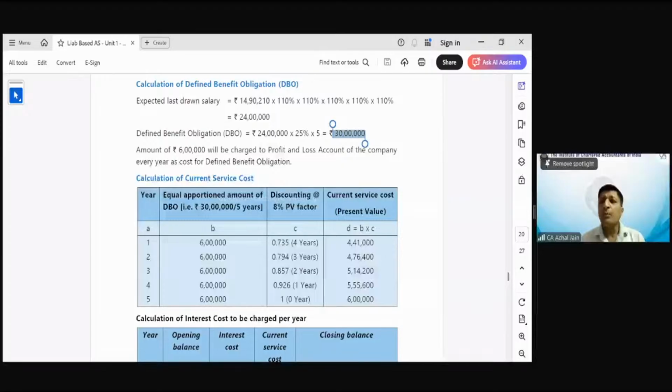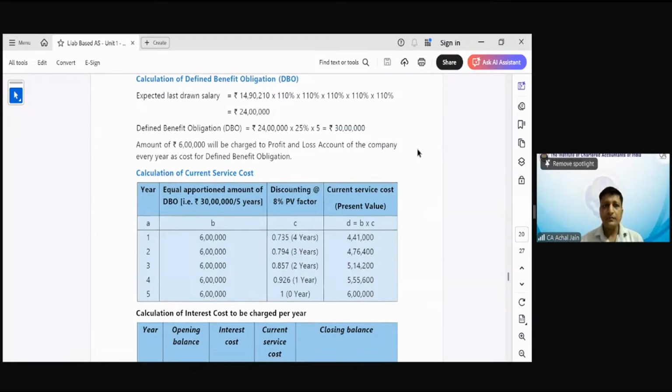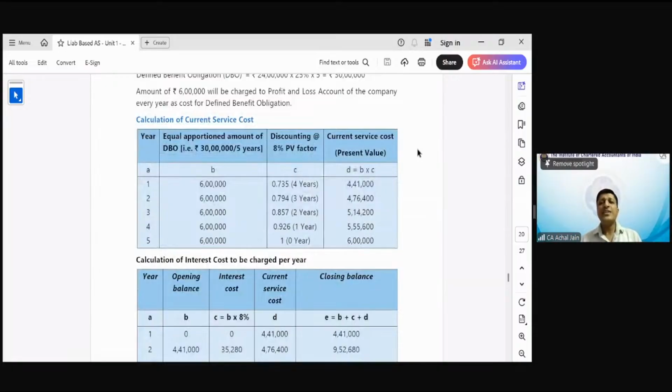So how will you compute the discounted amount? That calculation is also given. So each year, what do you do? The first year amount, meaning end of year 1, this 6 lakhs you will discount for 4 years.